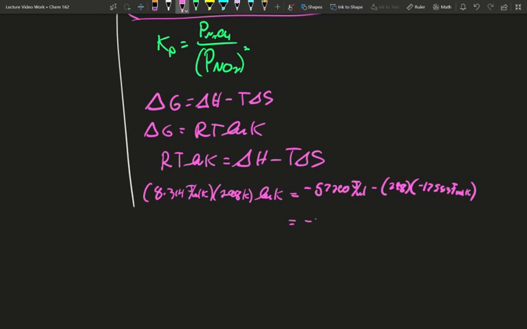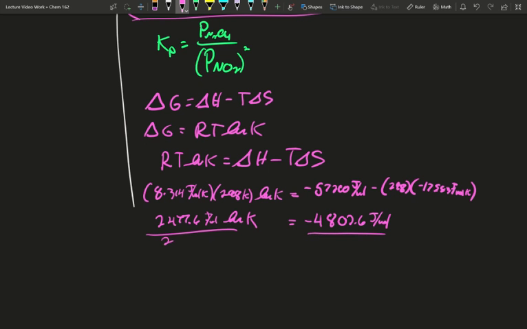We'll find negative 4,802.6 joules per mole is equal to 2,477.6 joules per mole ln of K.